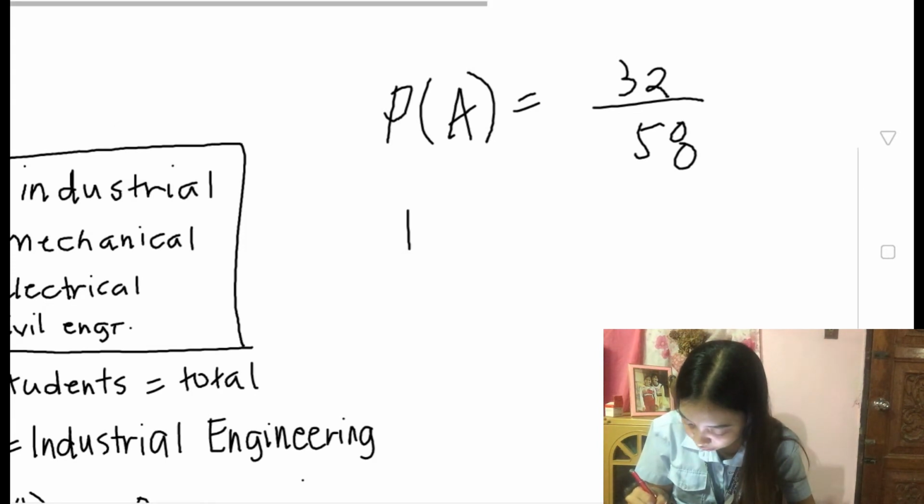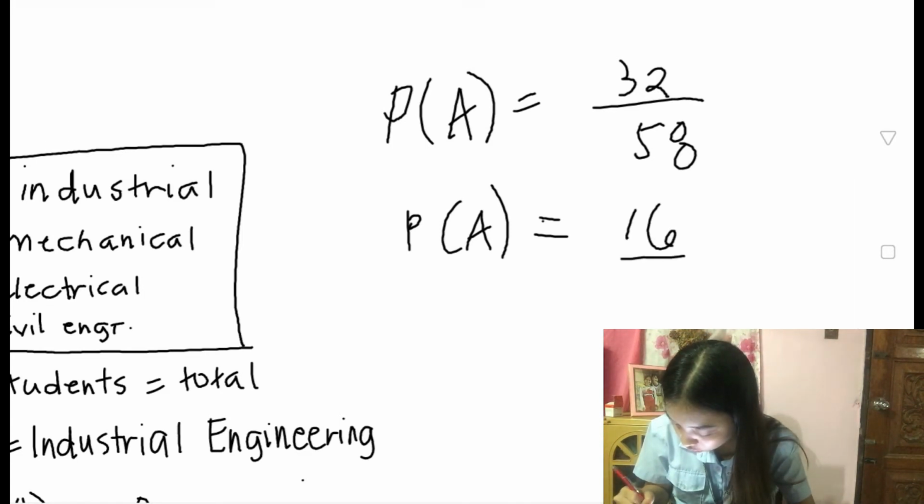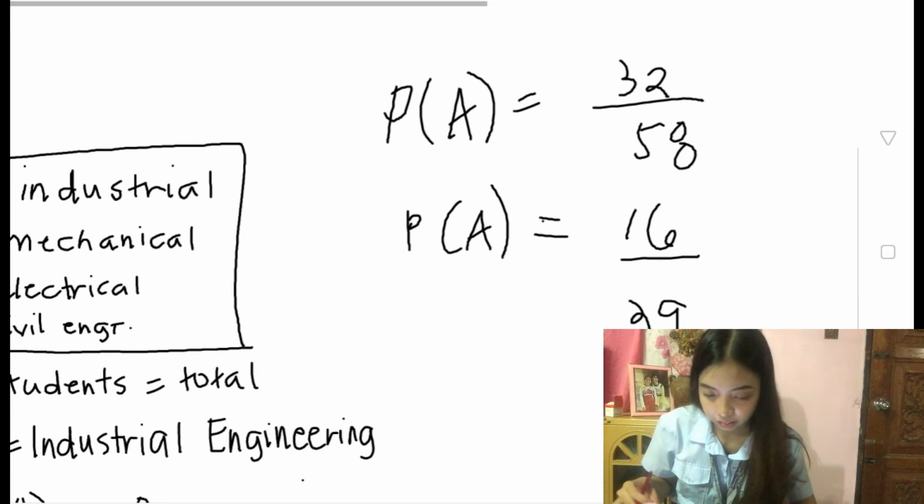So our answer is the probability of event A equals 16 over 29.